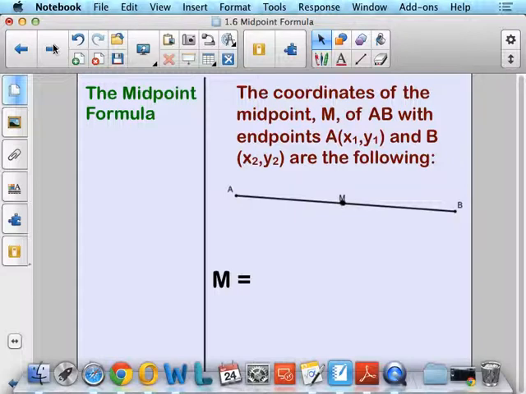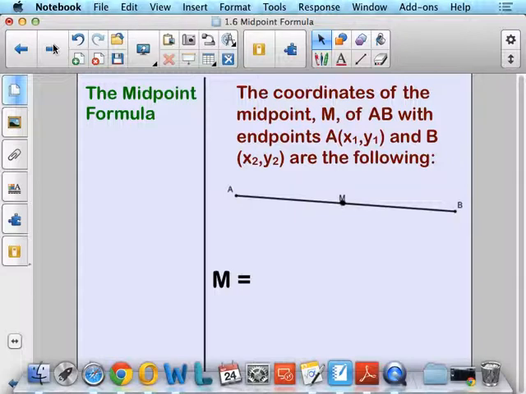Okay, so the formula we're going to use, the coordinates of the midpoint M of segment AB with endpoints A as (x1, y1) and B as (x2, y2) is the following.